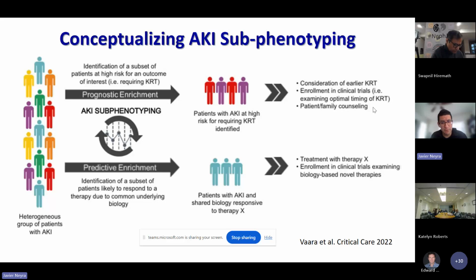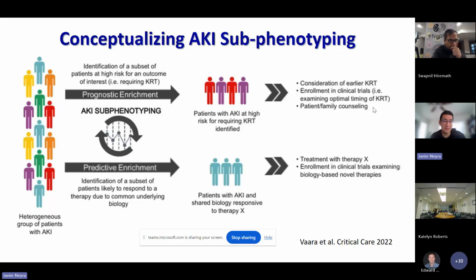Now, the most important subphenotype, and that's where our focus is as a community, is the predictive enrichment. This is a subphenotype that is going to identify a subset of patients likely to respond to specific therapies due to a common underlying biology. And this is where therapeutic development could be certainly enhanced.